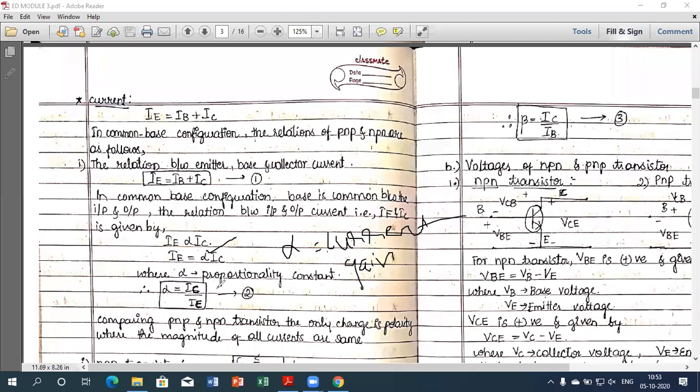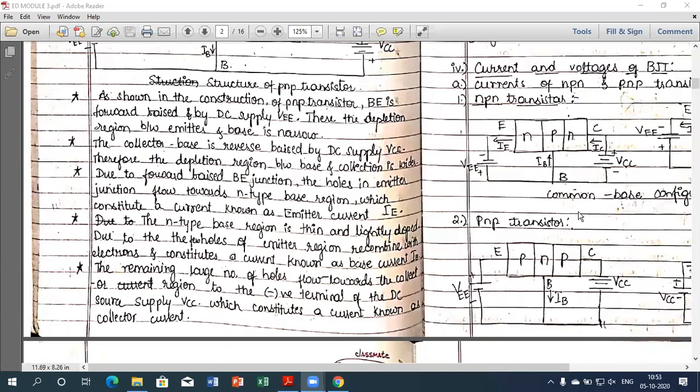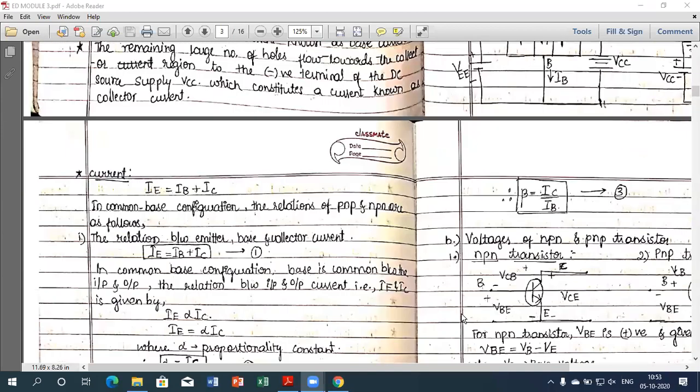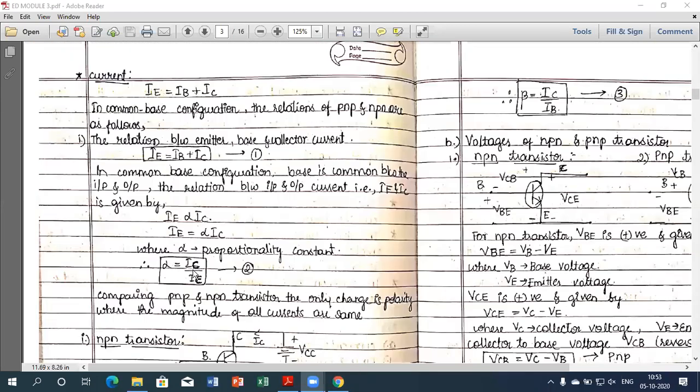Therefore we can write alpha equals IC by IE. The same thing which I discussed in the previous diagram, current gain alpha is equal to IC by IE, is proved here. Alpha equals IC by IE. Now this is the equation of current gain for common base configuration.